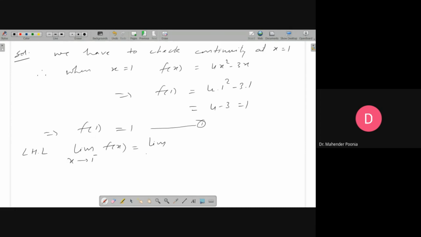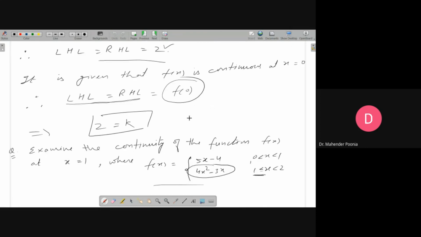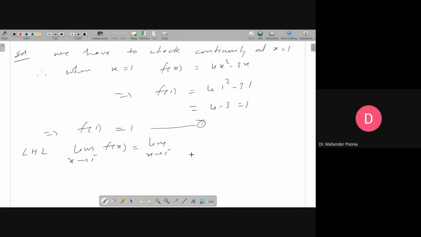That means the value of x is less than 1, and then the value of the function is 5x minus 4. So f(x) is equal to 5x minus 4.